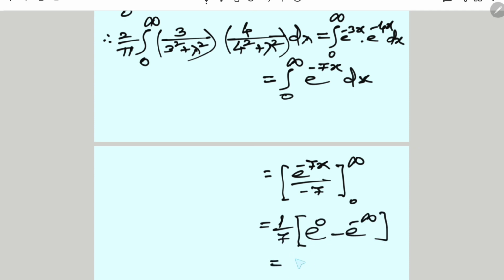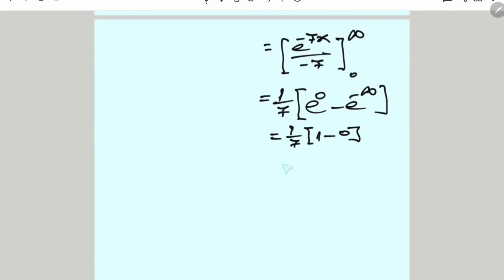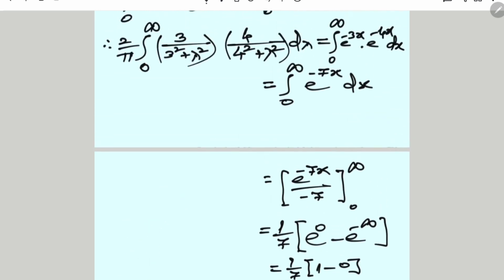Cancelling that minus sign by changing the limit, 1 by 7 outside, e raised to 0 minus e raised to minus infinity. e raised to 0 is 1, e raised to minus infinity is 0, and therefore the value is 1 by 7.